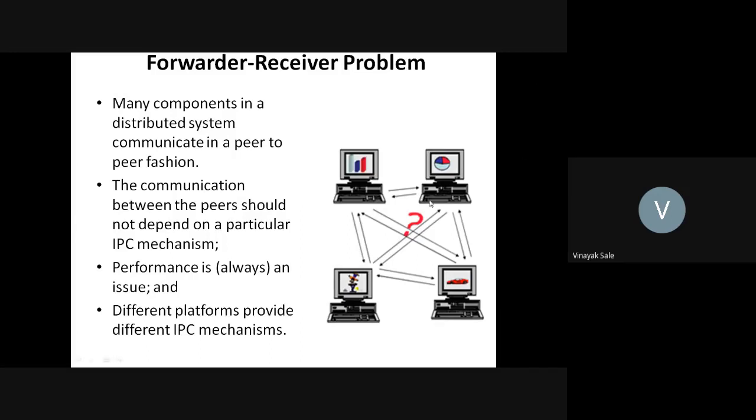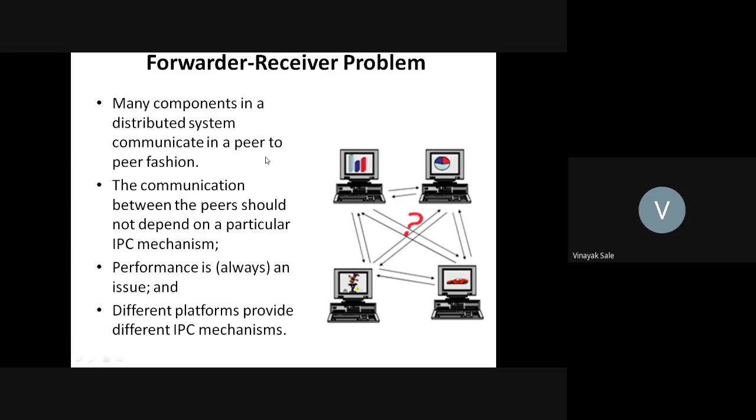In this picture we are seeing there are four machines, or this is the example. So they are in the network communicating with each other directly or indirectly in both ways. So many components in a distributed system communicate in a peer to peer fashion.